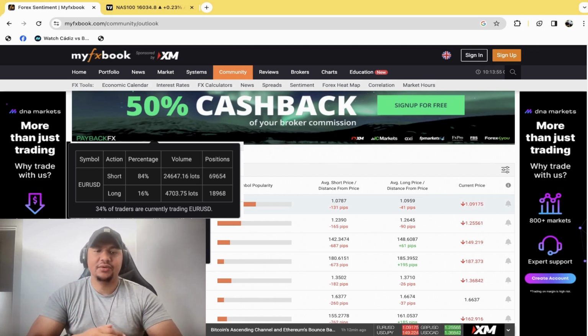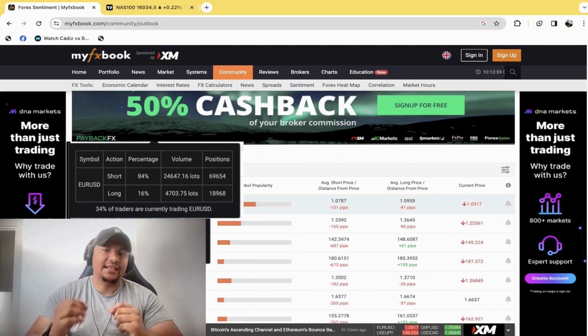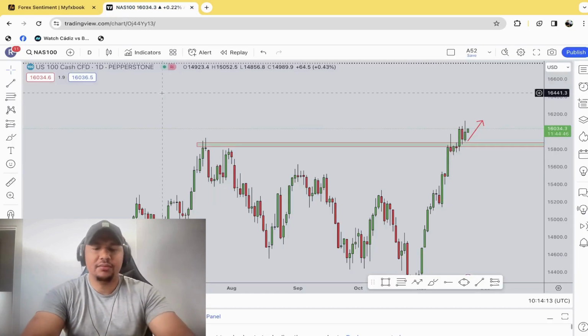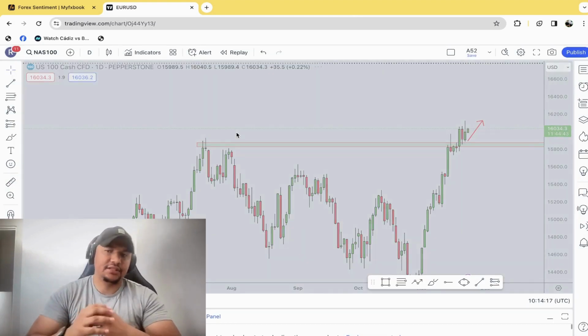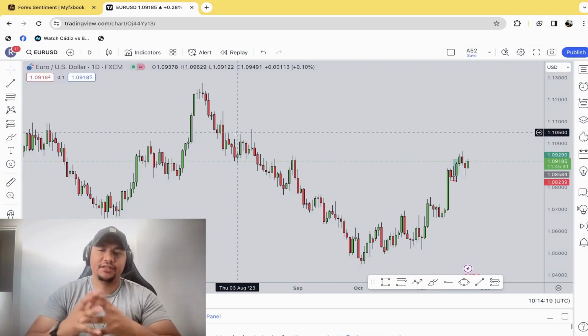In this case, we can see that we have 84% of retail traders selling Euro USD and 16% of traders buying Euro USD. There's probably a high possibility in this case that Euro USD is going in the opposite direction compared to what these traders are expecting.